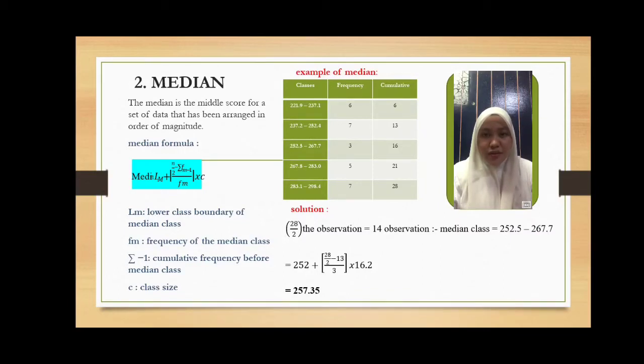Third, we need to find the class size. Fourth, we need to determine the cumulative frequency and frequency of the median class. And lastly, we calculate the median using the data given to get the right answer.